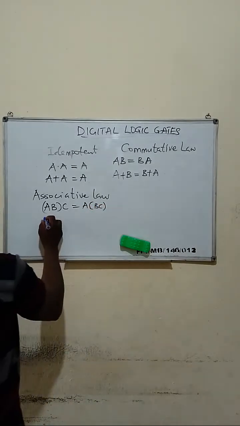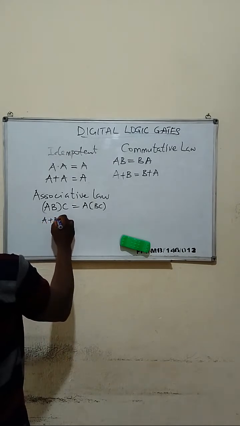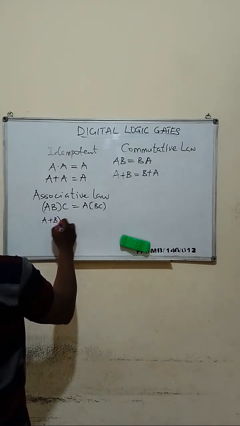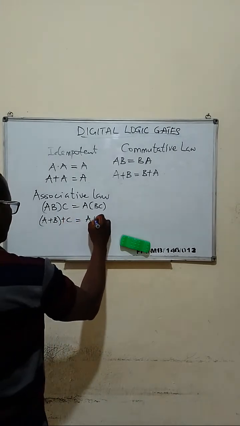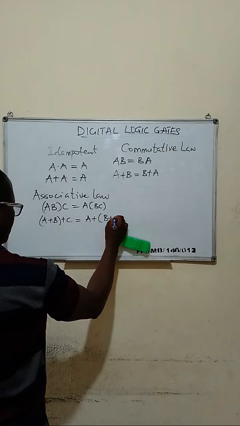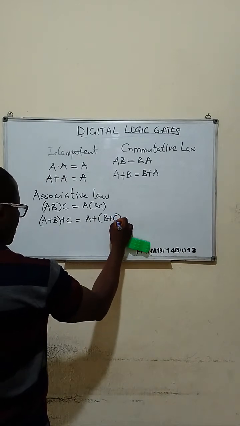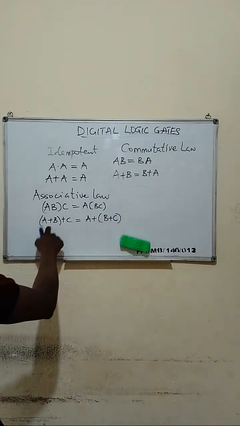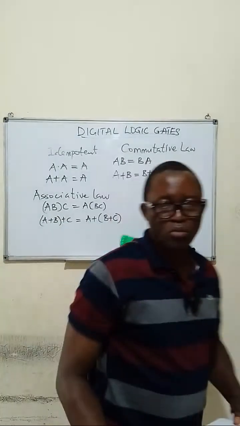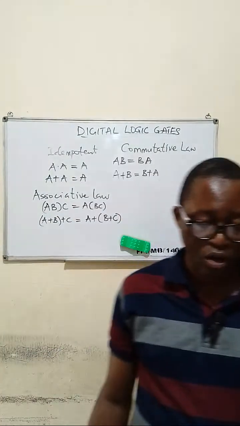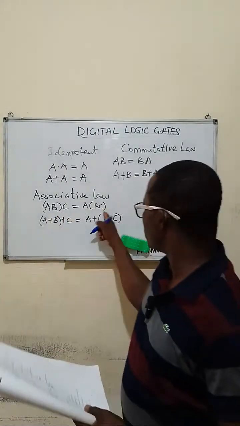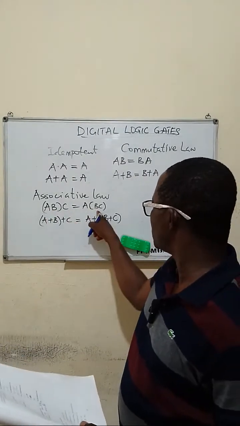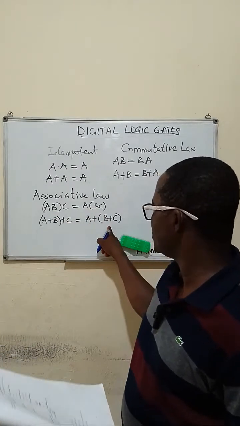Likewise, A plus B bracket plus C is the same thing as A plus B into bracket B plus C. Mark you, this addition sign is not addition, but rather it is logic OR. Logic OR. So this is associative laws. So you can replace this with this, or this with this.